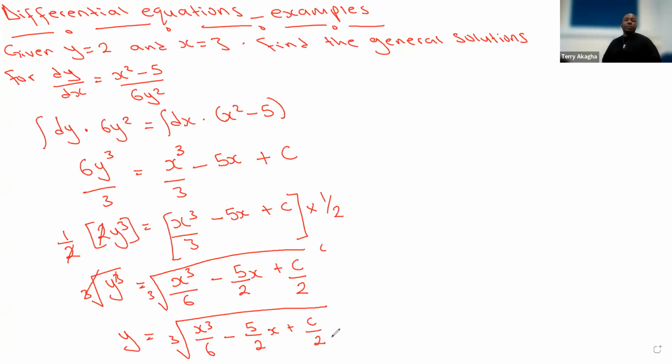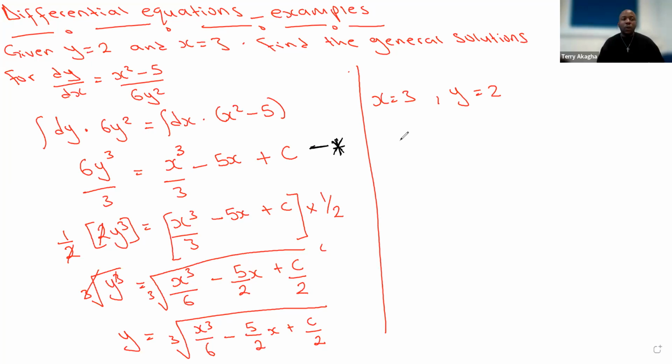Now we've gotten that. But we can't just stop here because we know the values for x and y, all right? So to make it easy, we know that x was equal to 3 and y was equal to 2. So because we know these values, we can find c. So what do we do? I'm going to use this equation here, the unsimplified version, to make it easy.